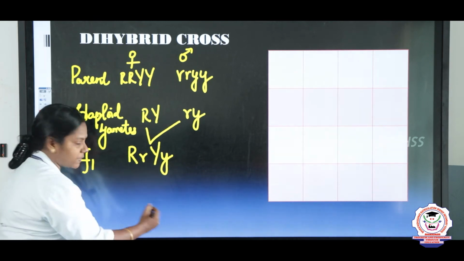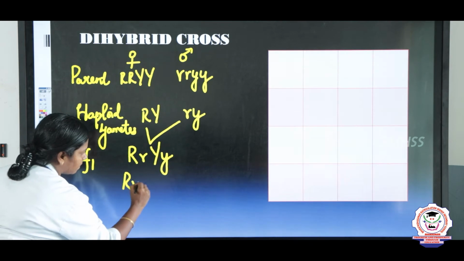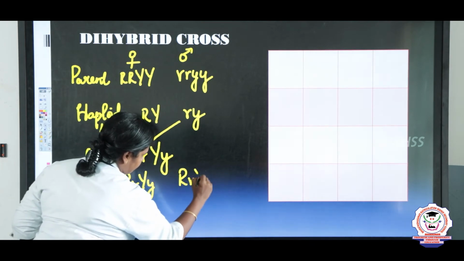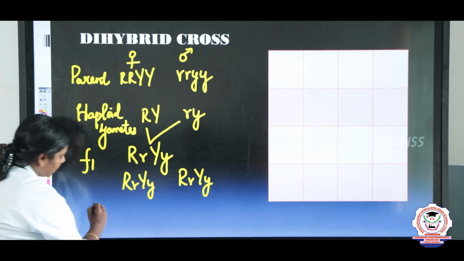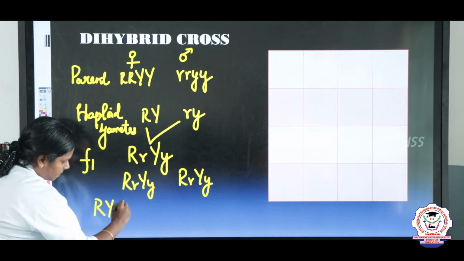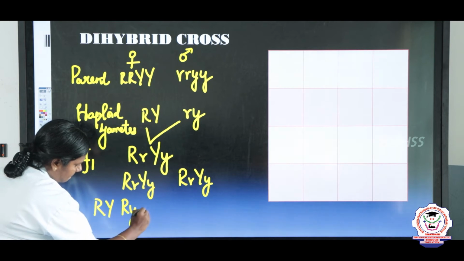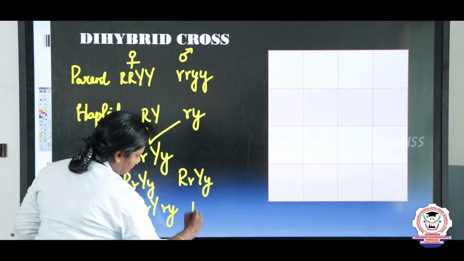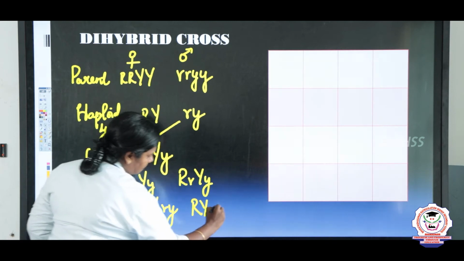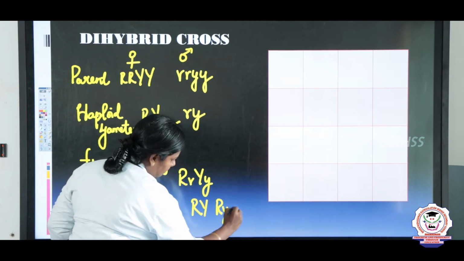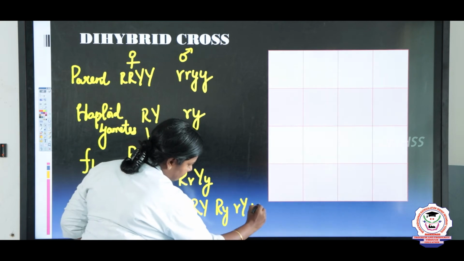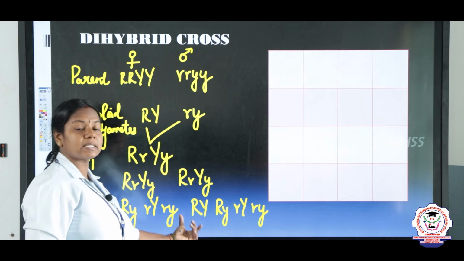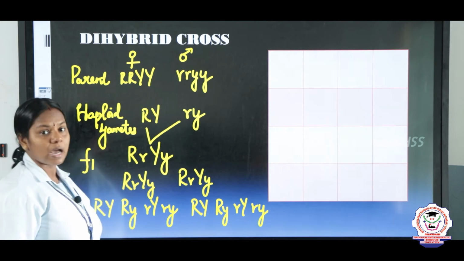When the F1 hybrids were self-crossed, we get the gametes capital R, right. So, these are the gametes we get as a result of the cross between the F1 hybrids.